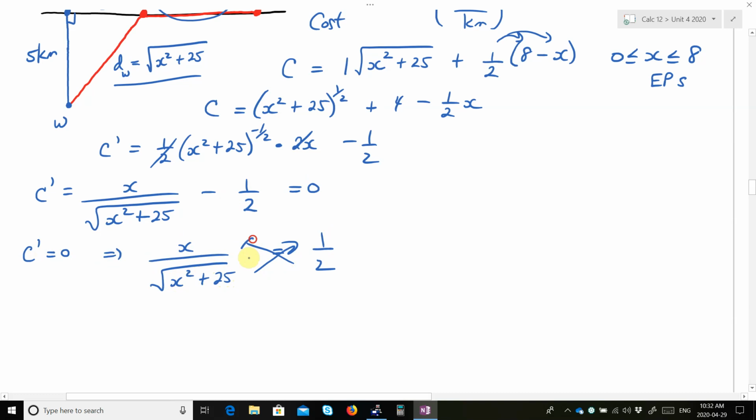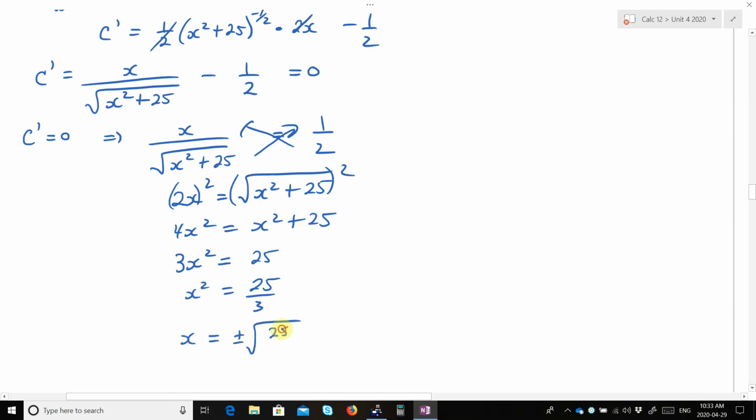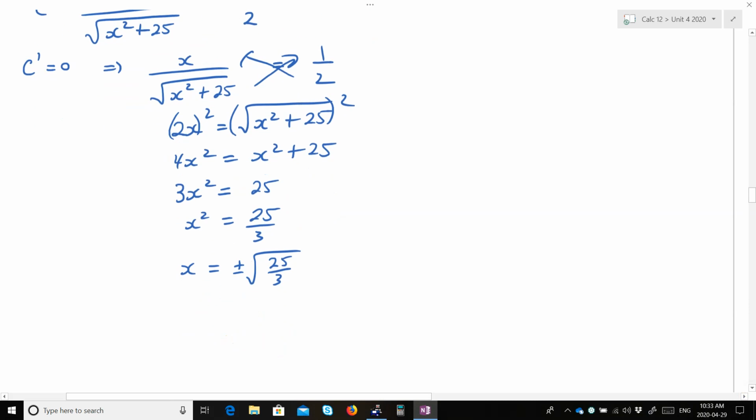And now let's cross multiply. 2x equals the square root of x squared plus 25. Square both sides. So I did squaring both sides here. And then we'll get 3x squared equals 25, so x squared equals 25 over 3. So x is equal to plus or minus the square root of 25 over 3.